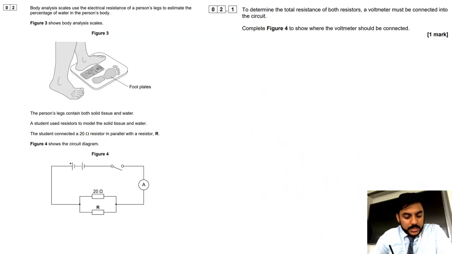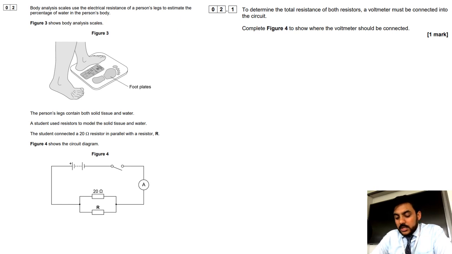Next. Body analysis skills use the electrical resistance of a person's legs to estimate the percentage of water in a person's body. The person's legs contain both solid tissue and water. A student used resistors to model the solid tissue and water. The student connected a 20 ohm resistor in parallel with the resistor R. Figure 4 shows the circuit diagram. To determine the total resistance of both resistors, a voltmeter must be connected into the circuit.